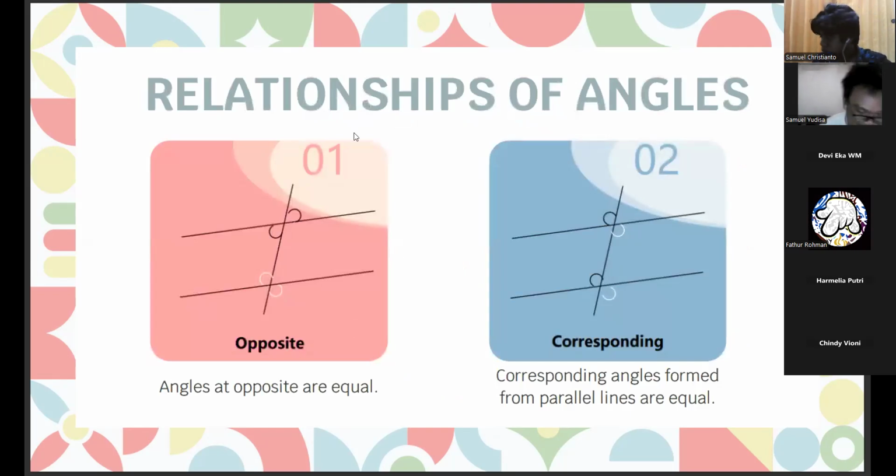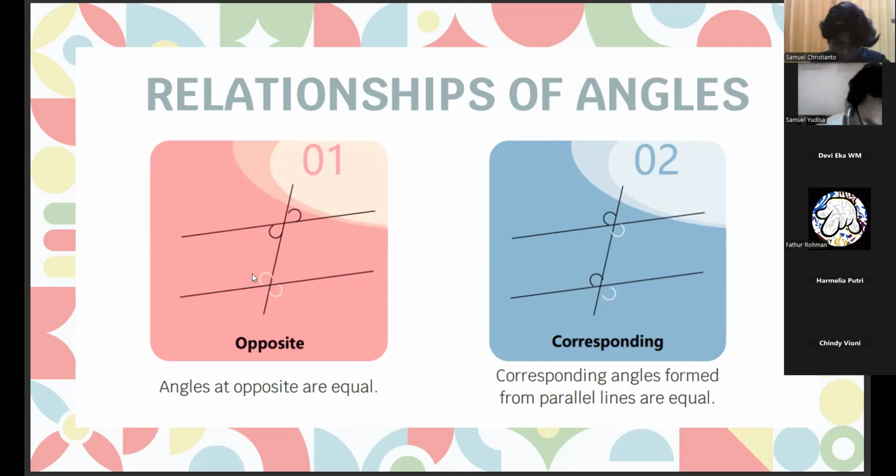After types of angles, there are relationships of angles. Imagine two parallel lines and another line that intersects between the two parallel lines. The first relation of angles is opposite. This is an opposite angle for the same parallel lines.